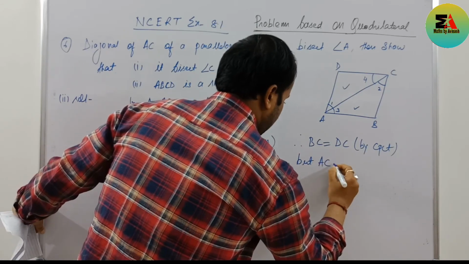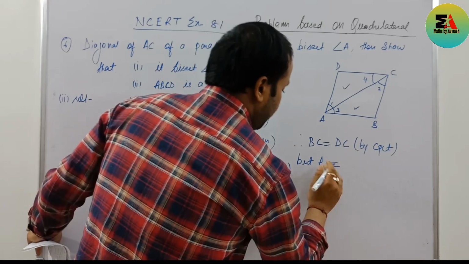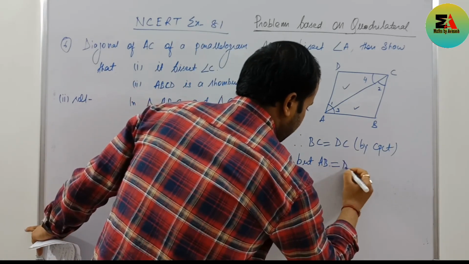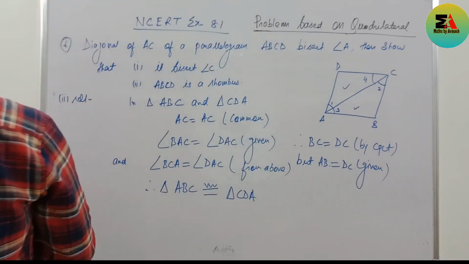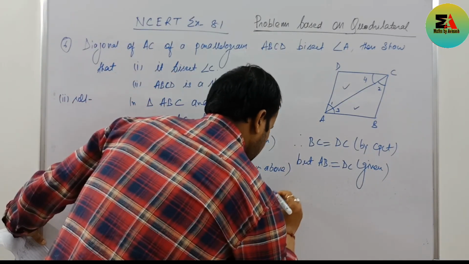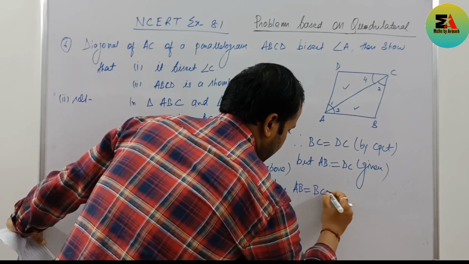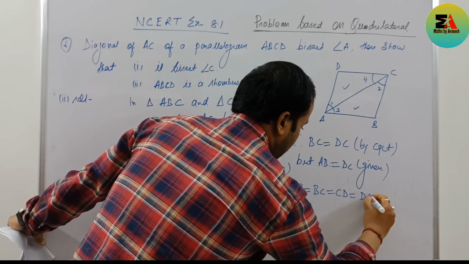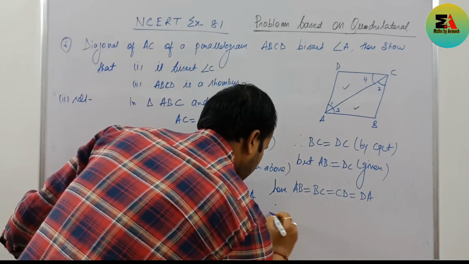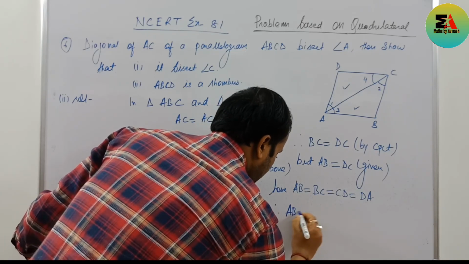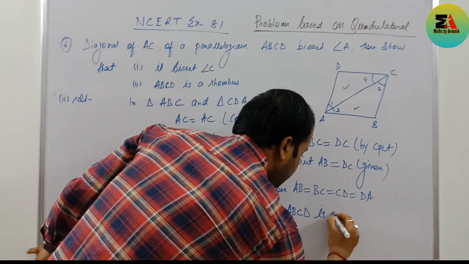But AB equals DC. This is already given. Hence AB equals BC equals CD equals DA. Therefore ABCD is a rhombus.